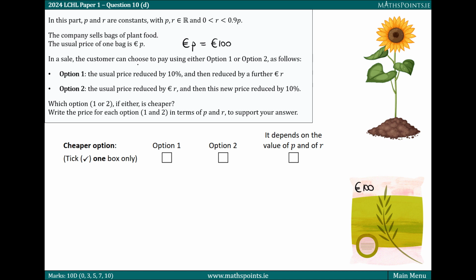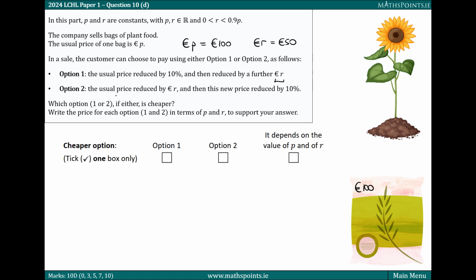We want to see, would it be cheaper to reduce the price of this bag of plant food by 10% and then take off a further amount, R, and for the purpose of this question, I'm going to say R is a nice number, let's say 50 euros. So would it be cheaper to reduce the bag by 10% and then take off a further 50 euros?